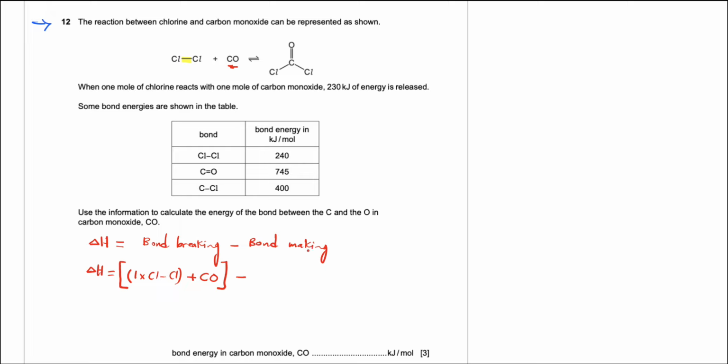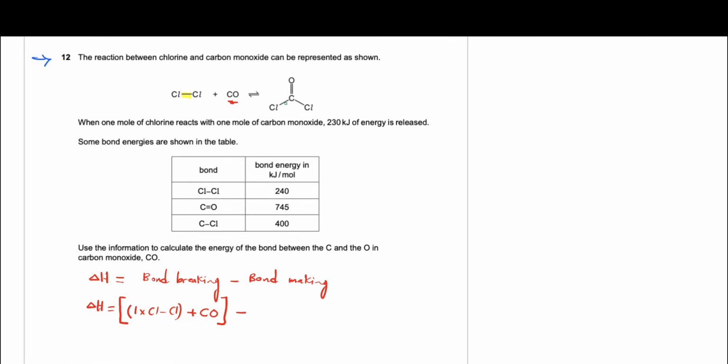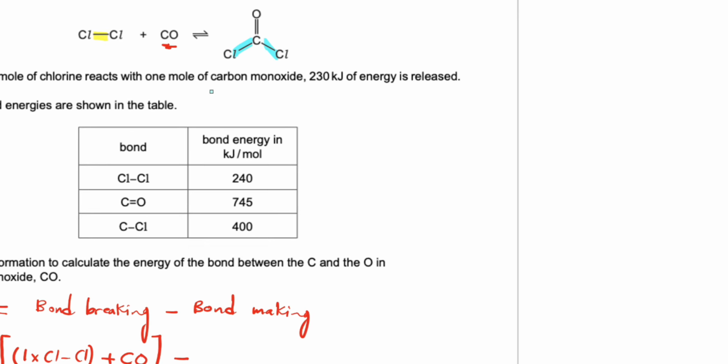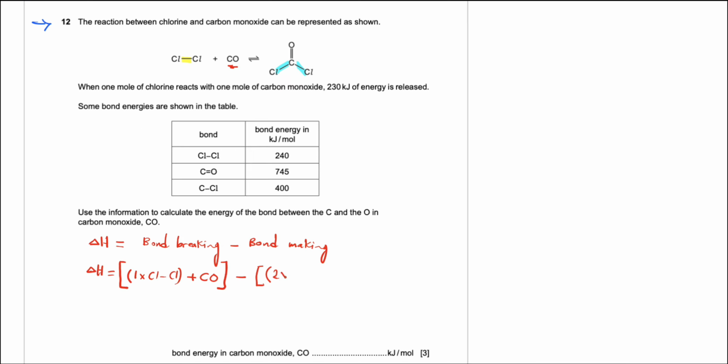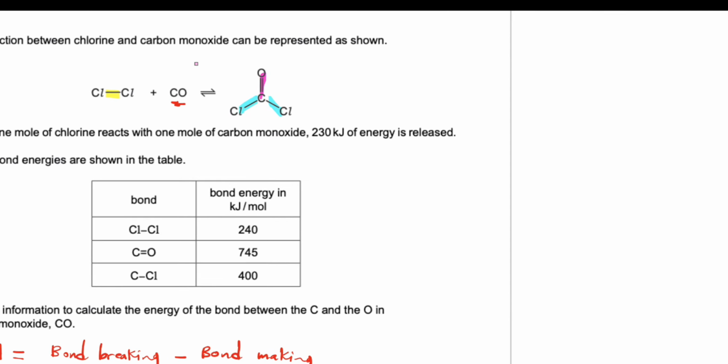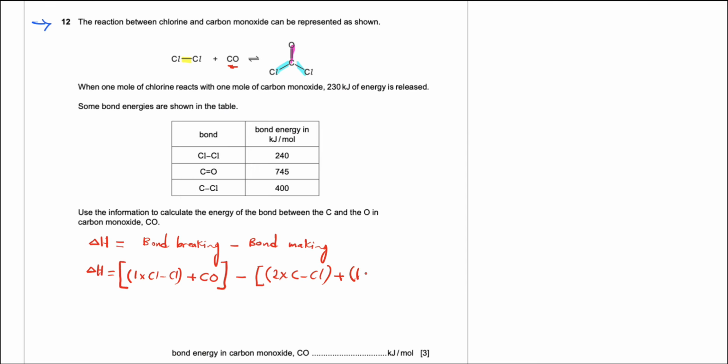Minus the bond making or the product side, we have 2 bonds between carbon and chlorine. So 2 times the bond between carbon and chlorine plus 1 double bond between carbon and oxygen. So 1 times the bond energy between carbon and oxygen.